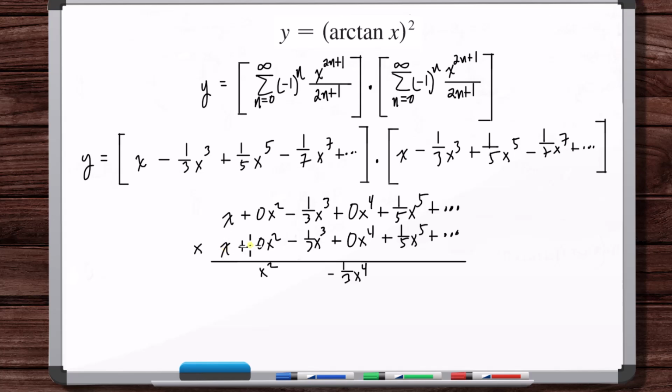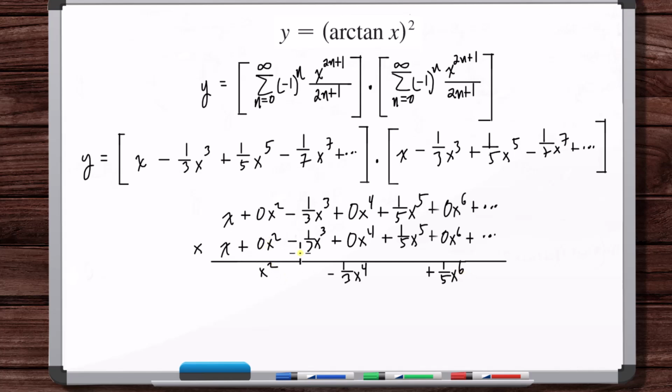And then looks like we're going to need another placeholder out here. Okay, x times 1/5 x to the 5th is 1/5 x to the 6th.